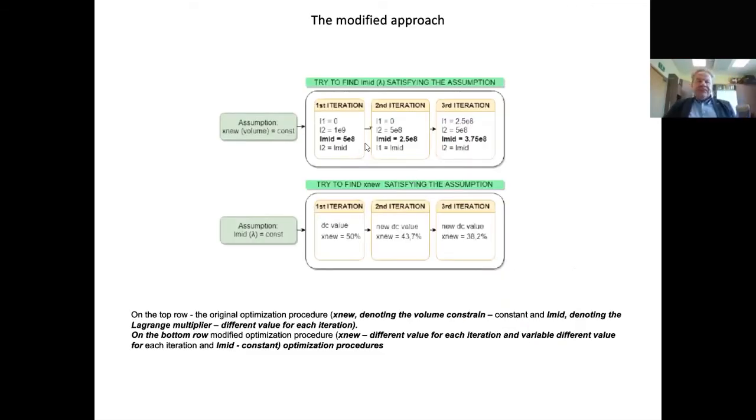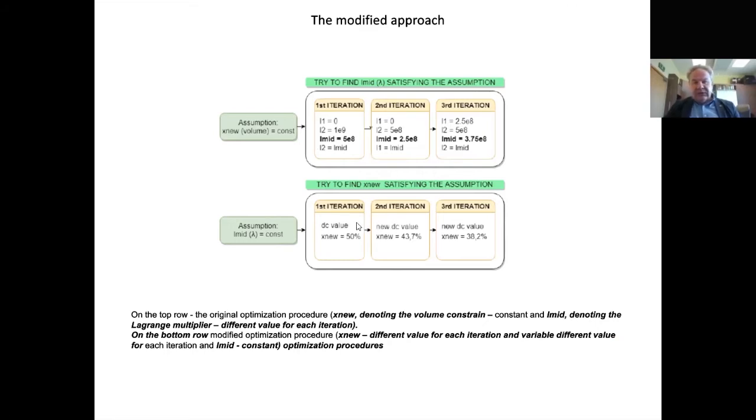So how does it work? If you take this code, 88 lines or 99 lines from Ole Sigmund, you start with some assumption of the volume constraint, and then you change the Lagrange multiplier. And we just skip this process of finding the Lagrange multiplier, and we put the information about this value immediately into the code.